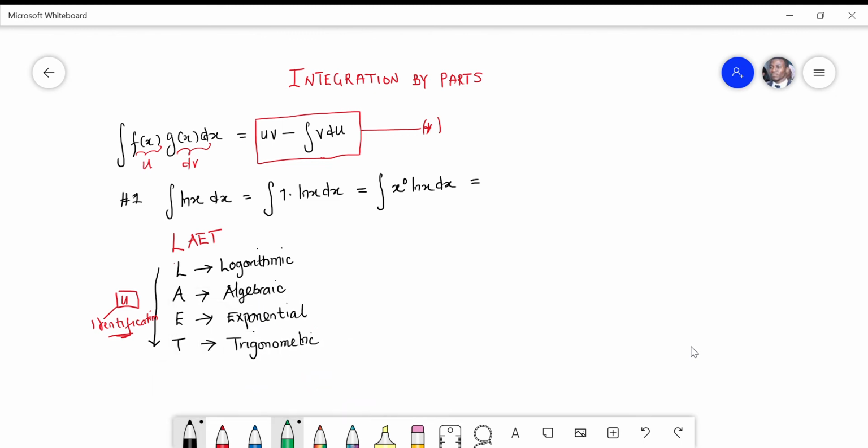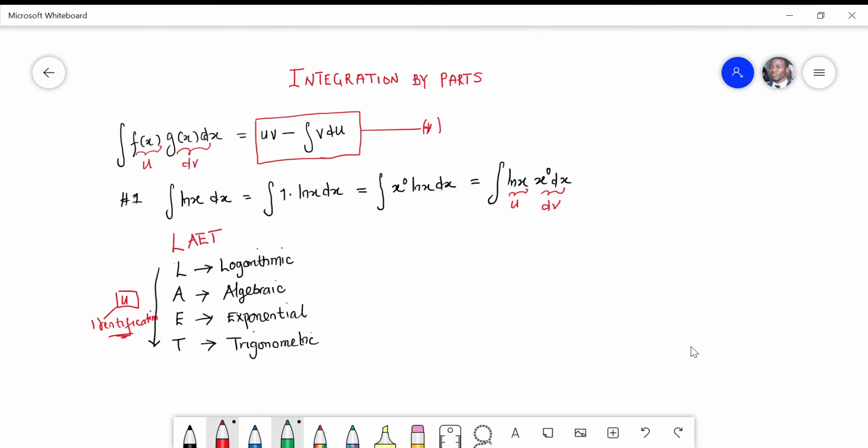You can just write this as ln x times x raised to power 0 dx, right? Cool. So it implies that ln x is going to be u, and this guy here is going to be our dv. Then we are good to go.